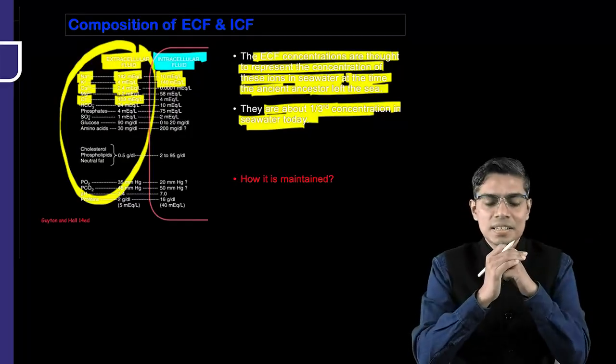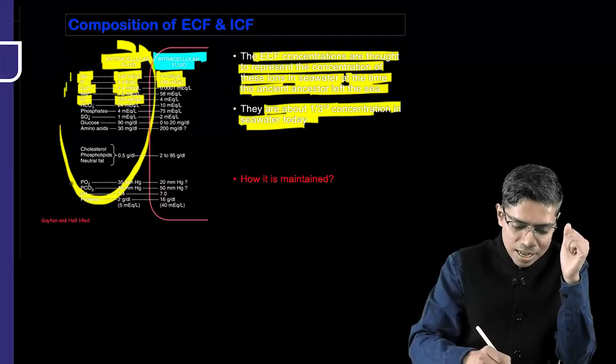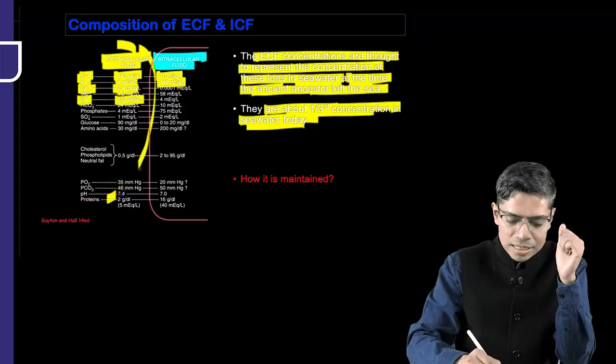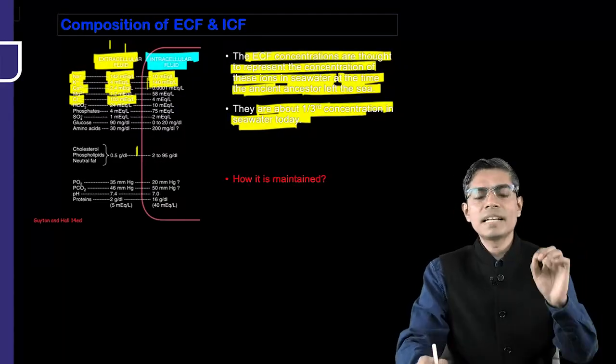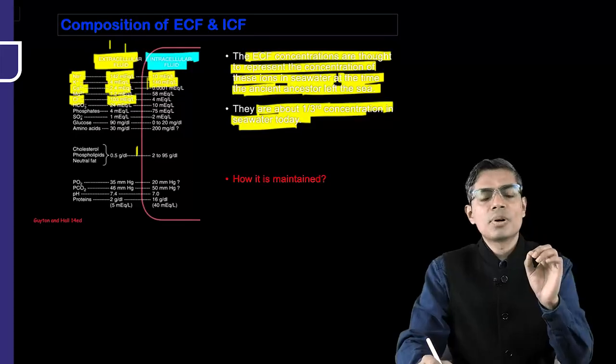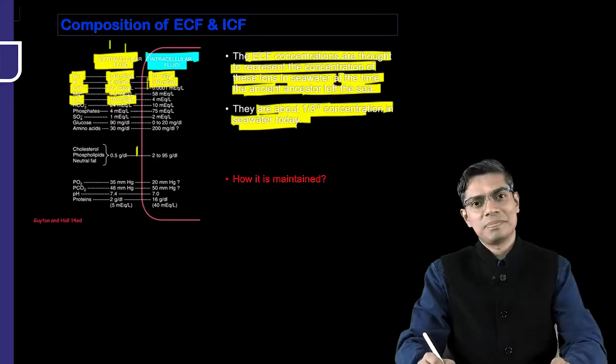Now I can understand that if the question is why there is a difference between ECF and ICF composition, then my answer is that this difference is present from the origin point of the cell. Getting my point? ECF and ICF compositions are different from the origin point of the cell.